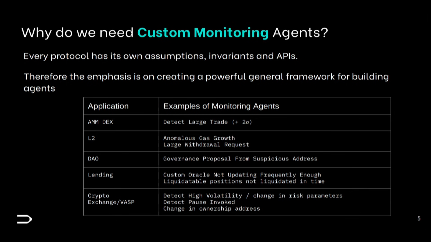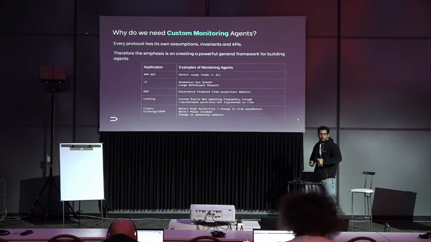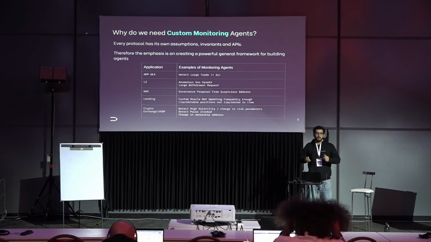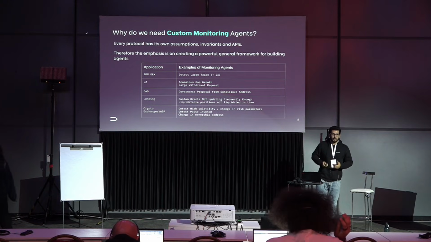In addition to that, the decentralized exchange might be interested in, for instance, being notified if there's a large trade. On the other hand, if you're working with an L2, they might be more interested in, for instance, statistics about gas or statistics about the large withdrawals on their canonical bridge.